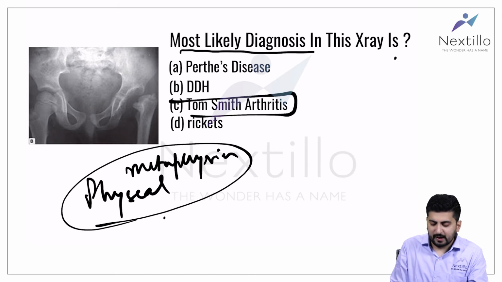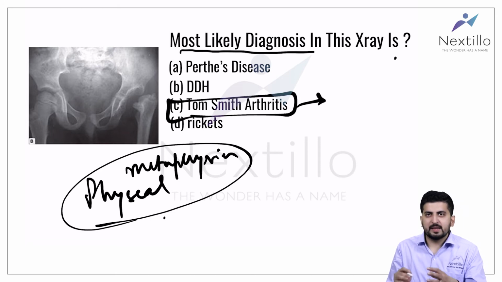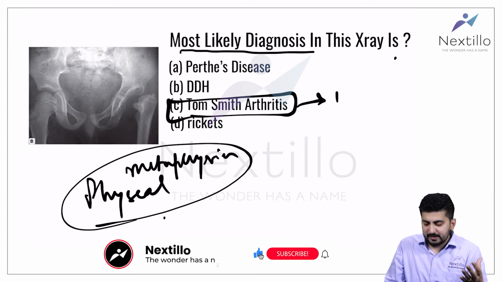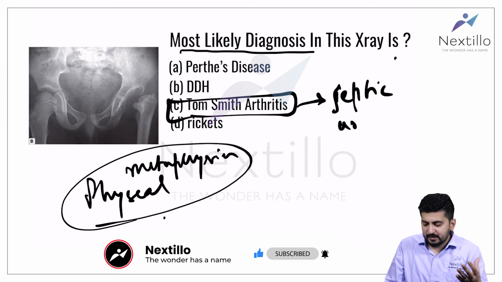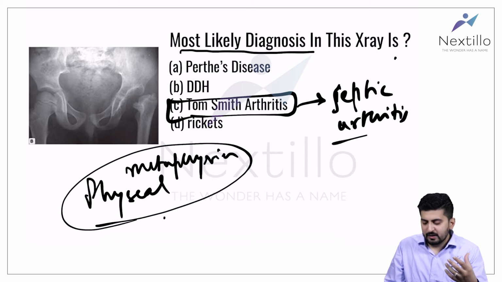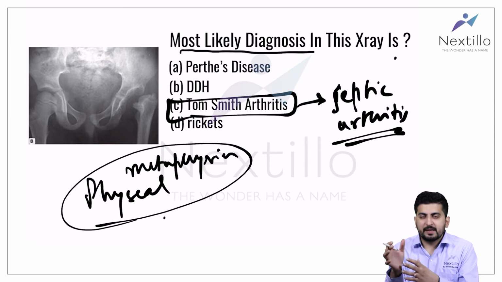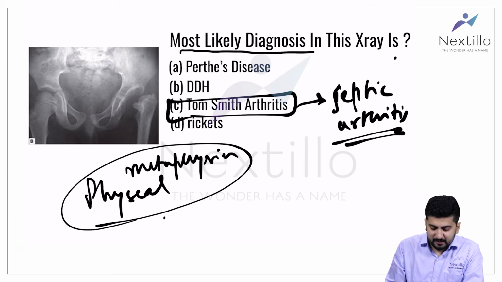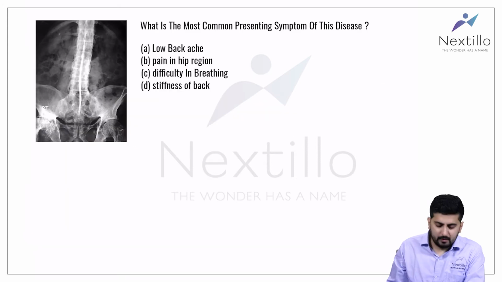In Tom Smith arthritis, what happens is that it is basically a septic arthritis of infancy in which the femoral capital physis gets eaten up by the bacteria and it will be absent on an X-ray. So the best answer in this scenario will be the Tom Smith arthritis.